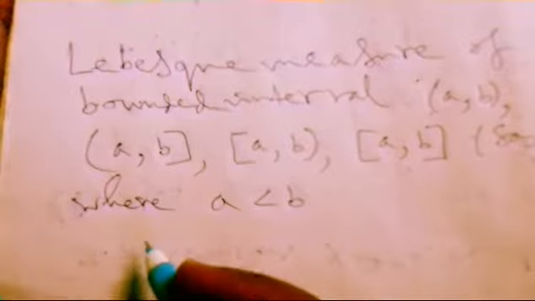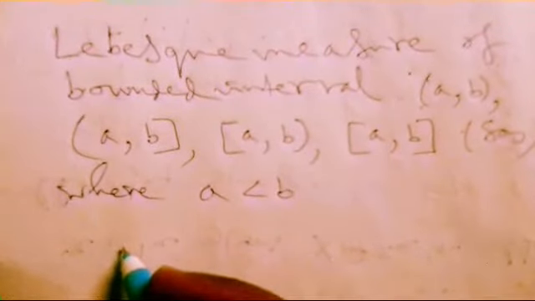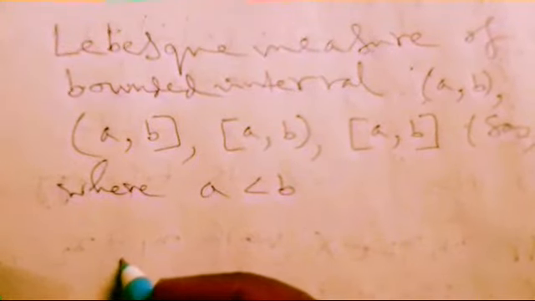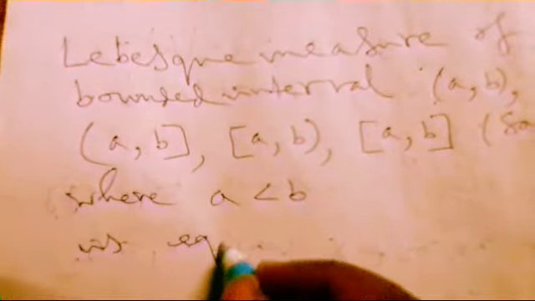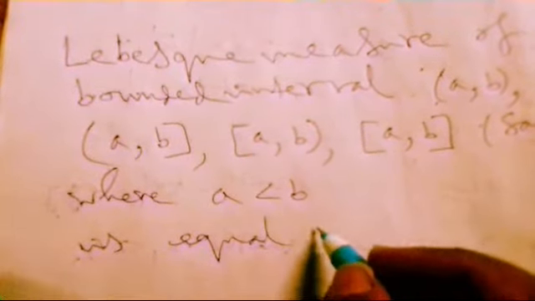This is a criterion. So in this type of interval, the measure is equal to its length.